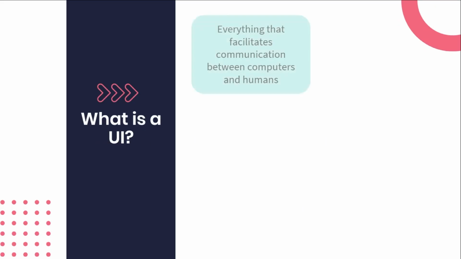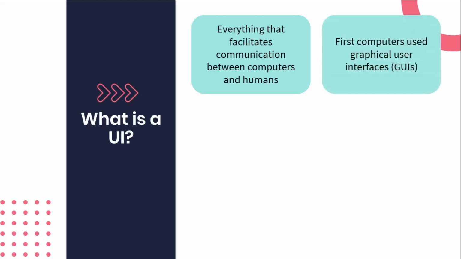A quick digression, just to make sure we all understand what we mean by UI. In the broadest sense, a UI, or a user interface, is everything that facilitates communication between computers and humans. Think of a punch card or a mouse. They are both UIs. When it comes to software, engineers talk about graphical user interfaces, GUIs, which were pioneered for the early personal computers, such as Macs and PCs.